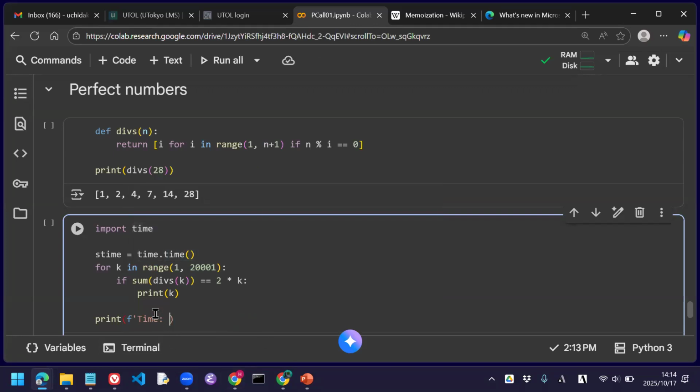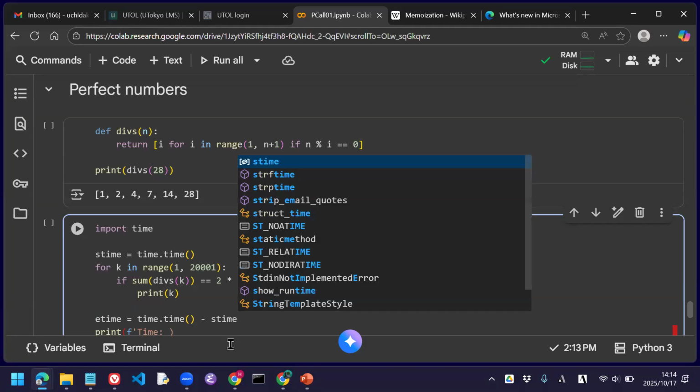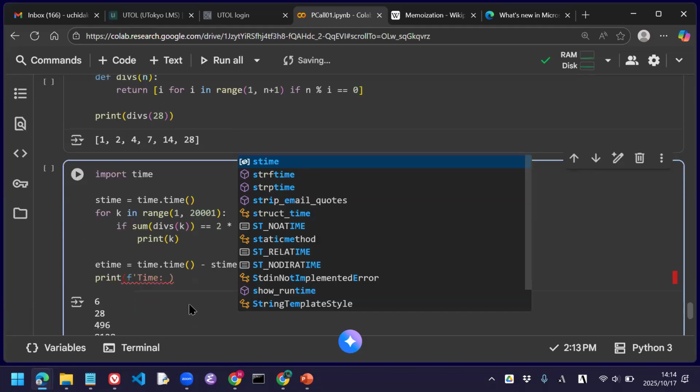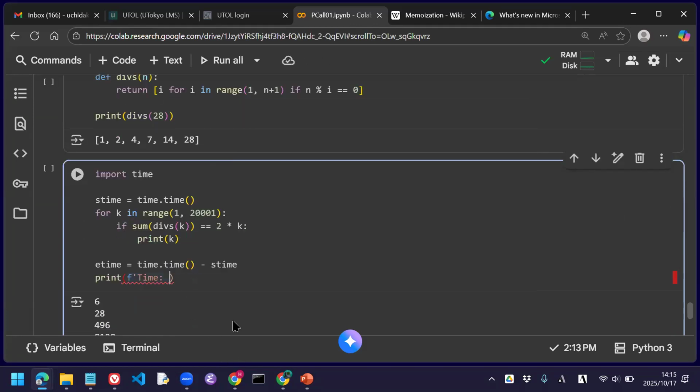Okay, etime, the elapsed time, is time.time minus stime. This will help us measure the time required for this computation.